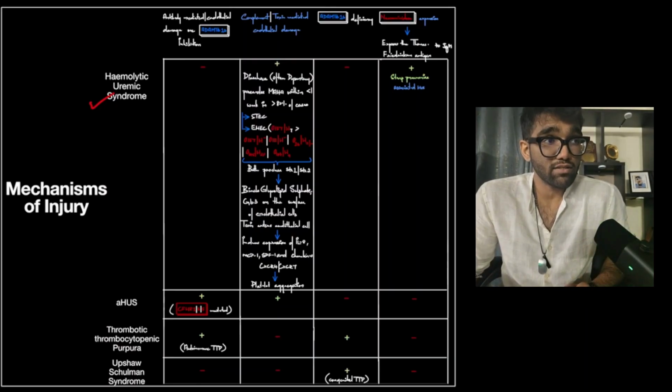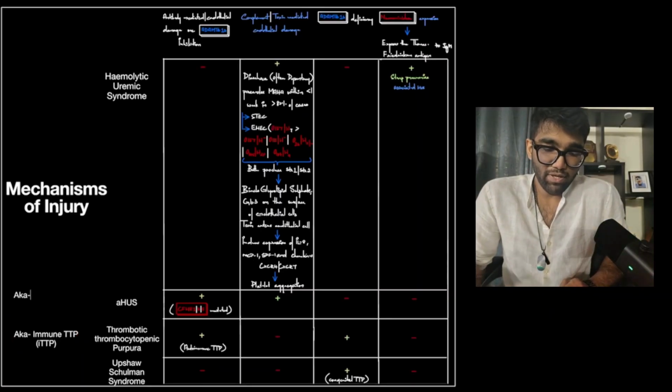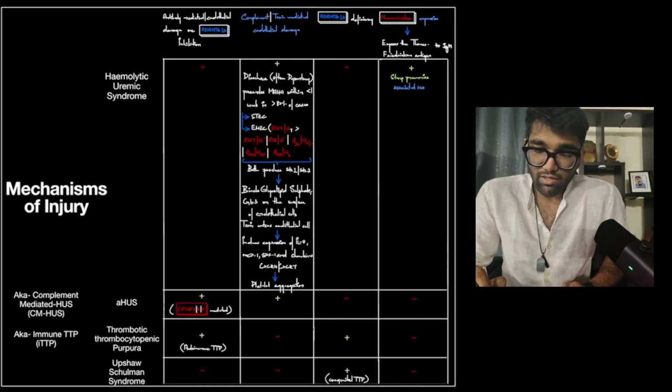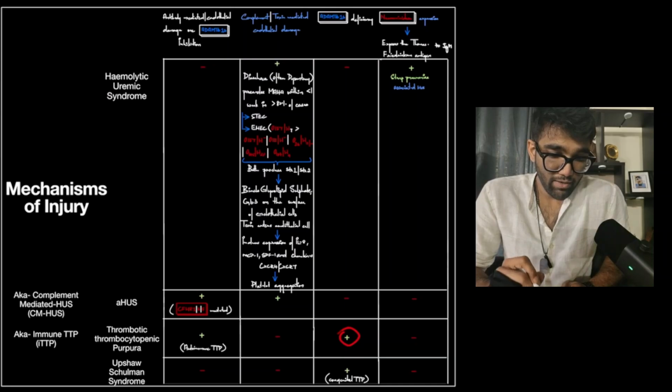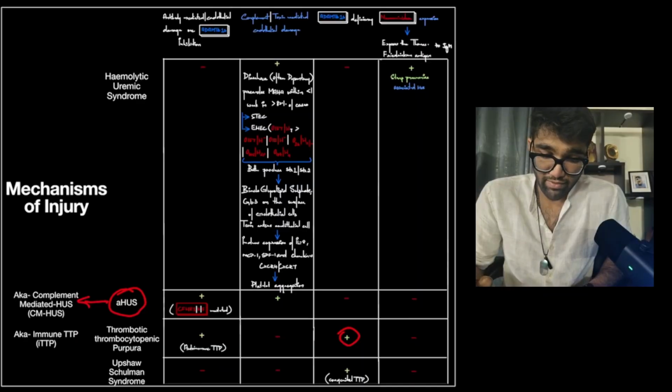whereas the other two have significant azotemia with less prominent thrombocytopenia. Thrombotic thrombocytopenic purpura, which is immune mediated, is also called immune thrombotic thrombocytopenic purpura. Okay, and sometimes an antibody can cause deficiency rather than just inhibiting ADAMTS13. That's why I've shown it here as a separate thing. Now, atypical HUS is now more commonly called complement mediated HUS, and that is what they call it.